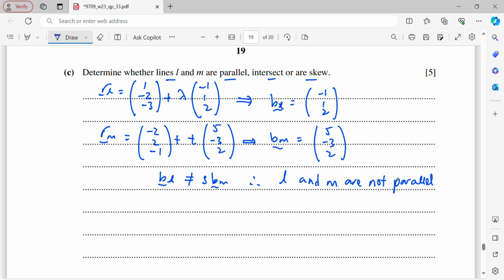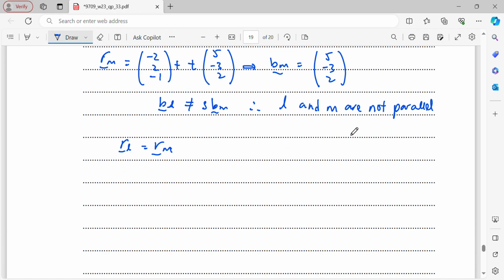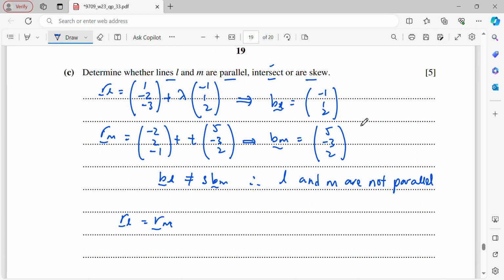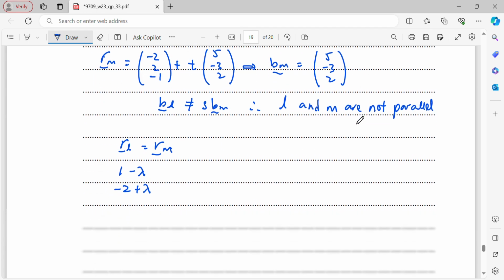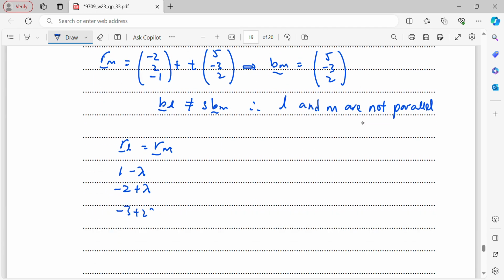Okay, so now from here I need to check whether they are intersecting or not. So I will let r_L equal to r_M. When r_L equals r_M, I need to find the two unknowns, which means now I will ignore the brackets. So r_L, I will write (1 minus lambda), then -2 plus lambda, then after that -3 plus 2 lambda, equals to r_M, which will be -2 plus 5t, 2 minus 3t, then -1 plus 2t.